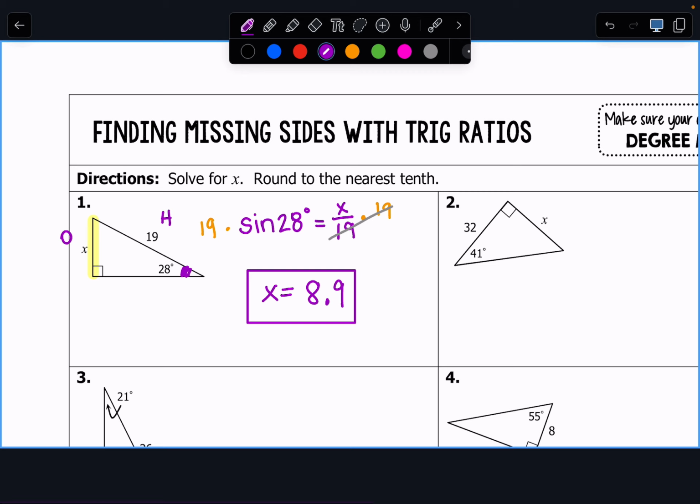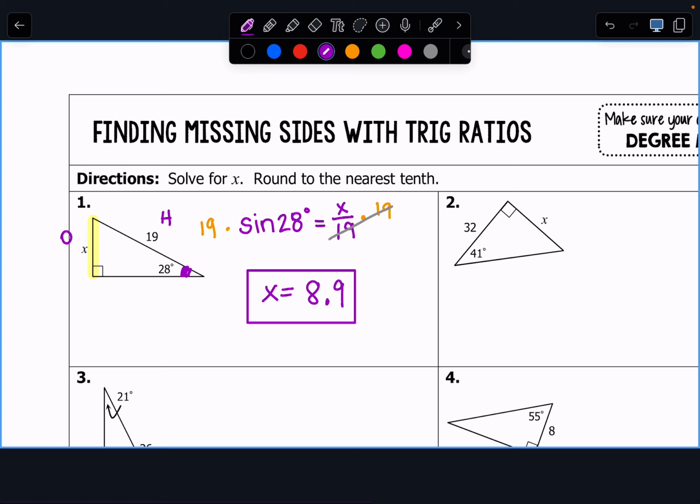Let's talk about number 2. If I'm going to solve for x, Alex S., which one of the 3 is going to help us? Sine, cosine, or tangent? So this is our hypotenuse, this is our opposite, and this is our adjacent. Do you see how we have opposite and adjacent?